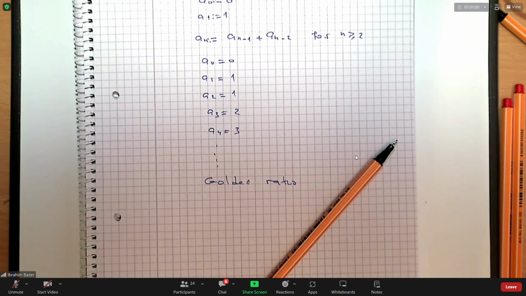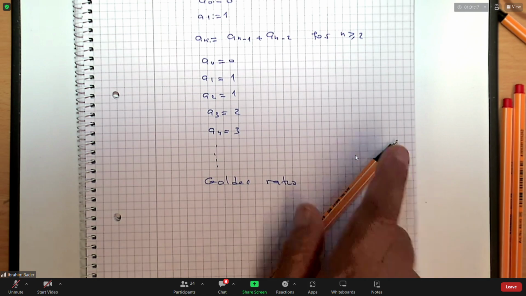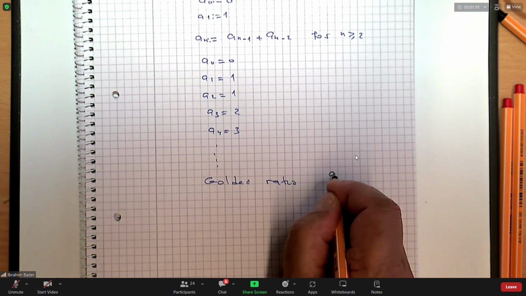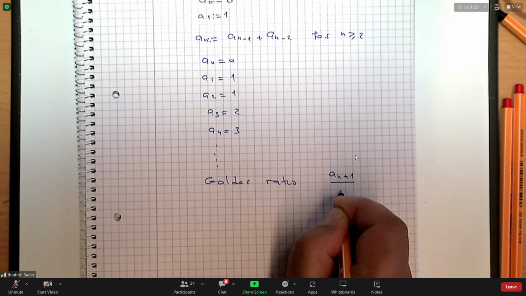This is the definition of the Fibonacci sequence. I define two terms and then the rest is generated always by adding immediately the two terms previous to the number, right? The golden ratio is defined as AN plus 1 over AN.